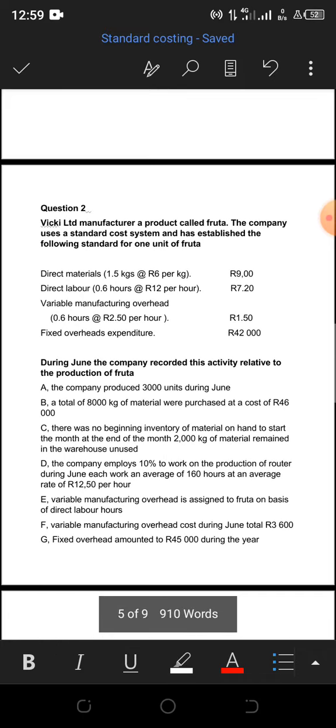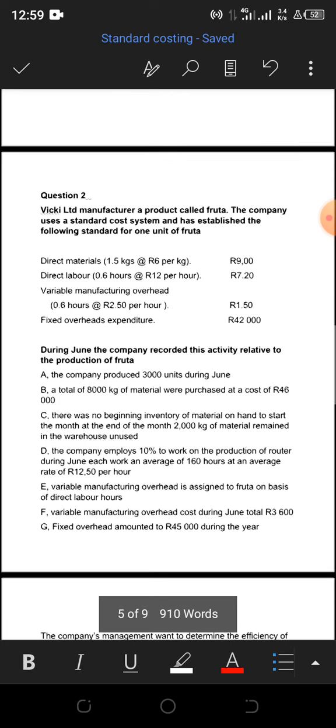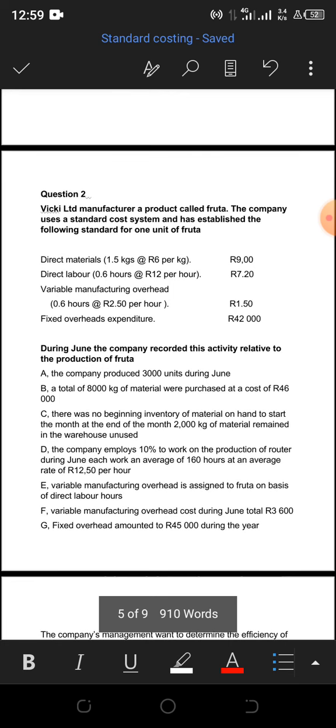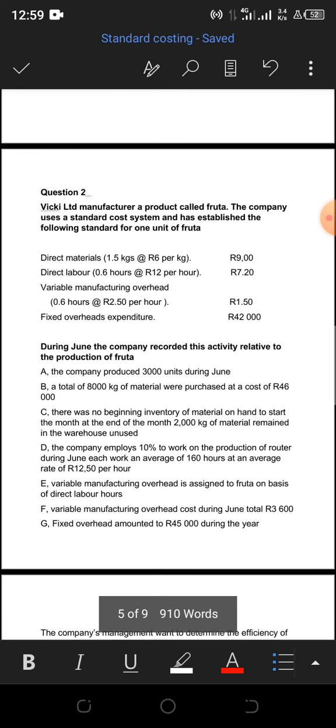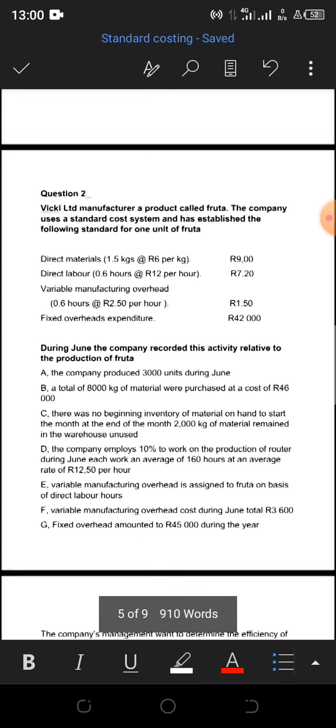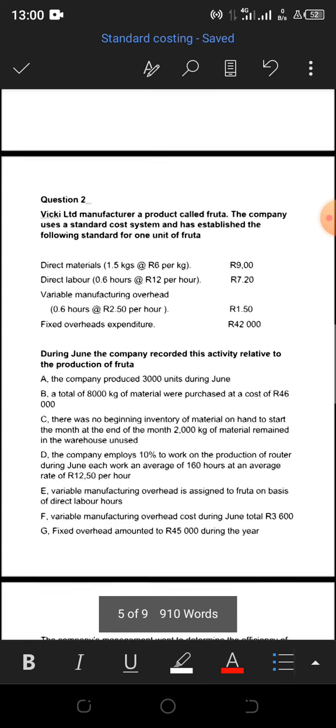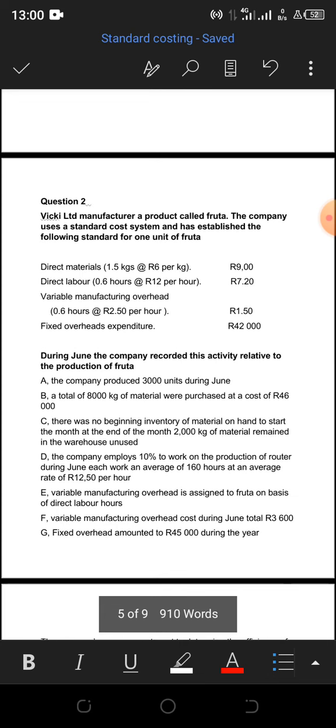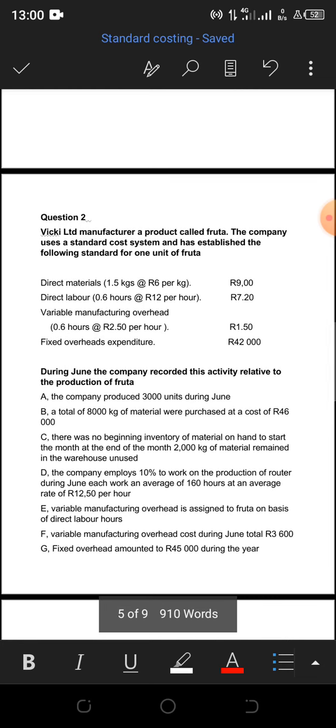we have to look for the production for the year. Then we multiply by the 1.5 kg that we've been given under direct material. That's where we're going to get the standard quantity. Why do we call it standard quantity while we multiply by the actual production?